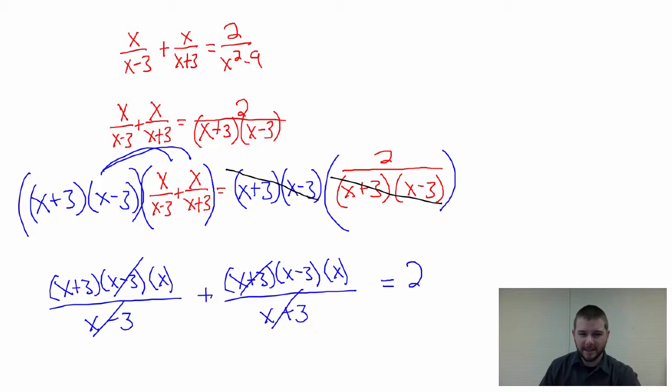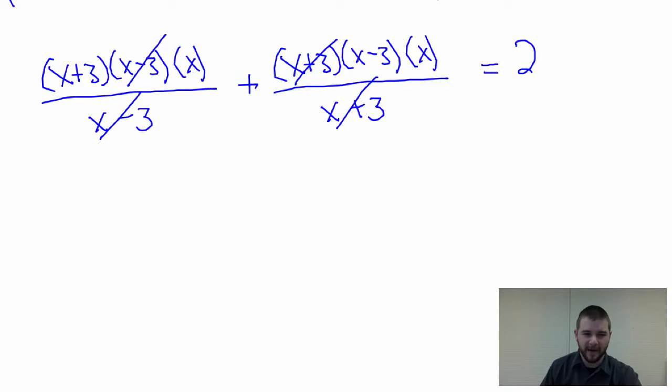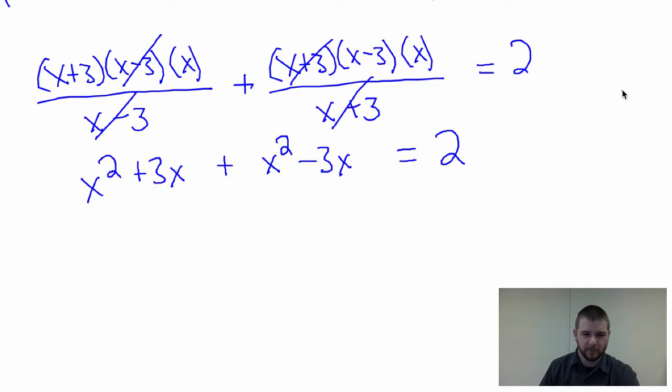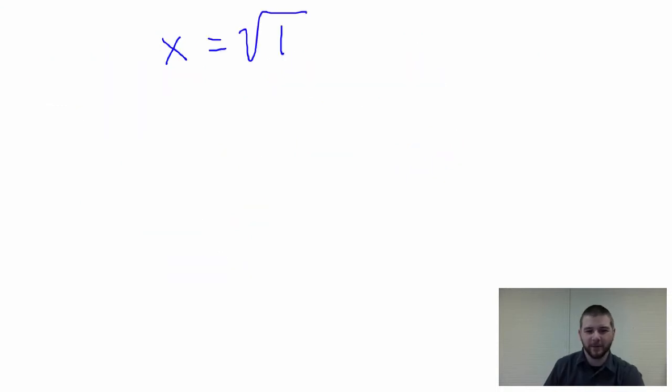Distributing the x's to both terms in the binomial, in both of these situations, we arrive at x squared plus 3x on the left and x squared minus 3x on the right. And of course, equals 2. Combining like terms, dividing both sides by 2, and applying the square root, keeping in mind there are 2 square roots of 1. Those are 1 and negative 1.